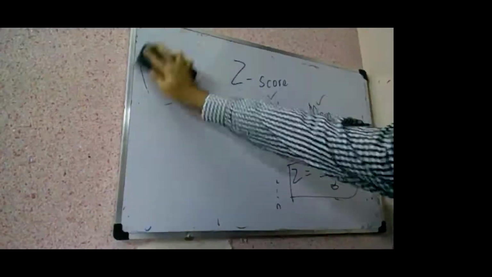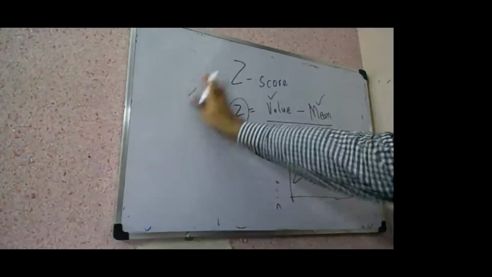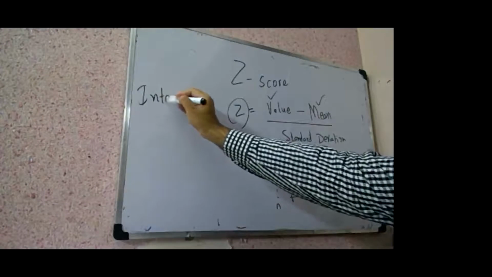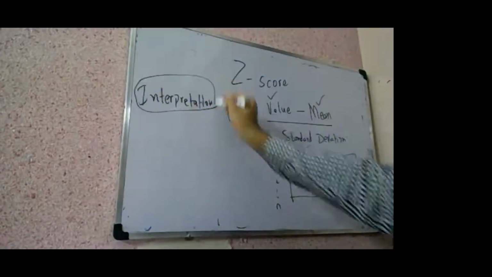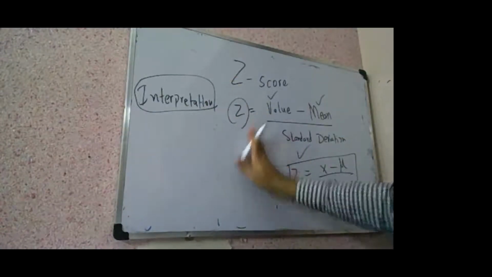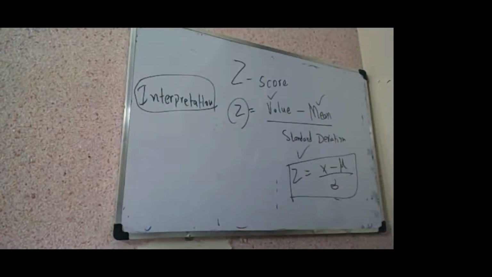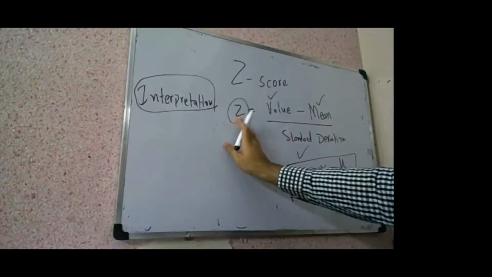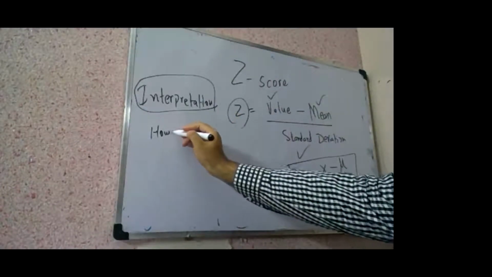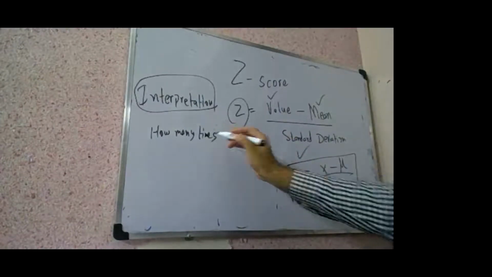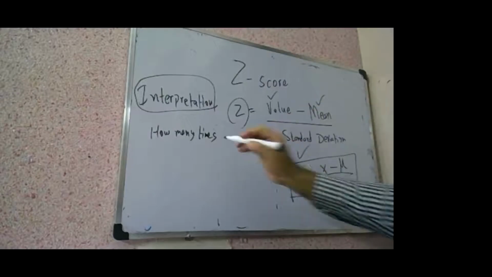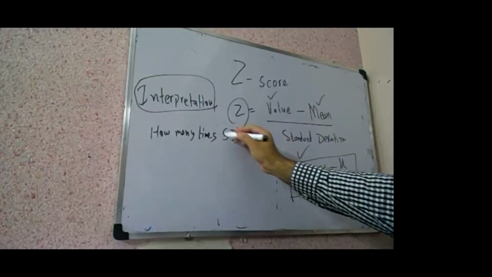What can somebody extract from this, what is z? It's really simple. It shows the number of standard deviations. So z shows how many times the standard deviation, that's a number.